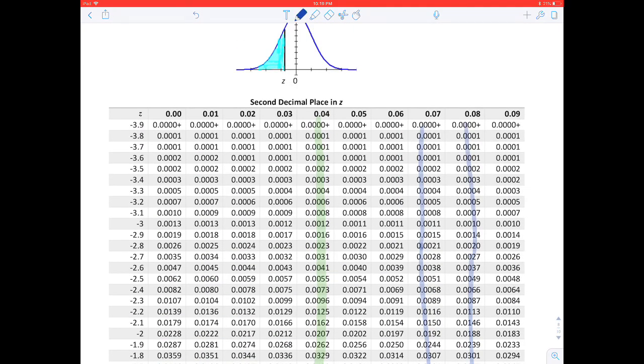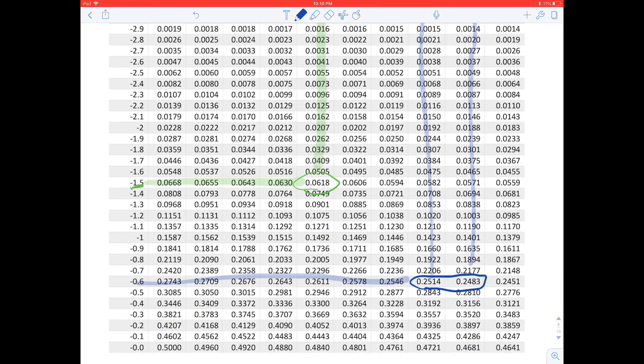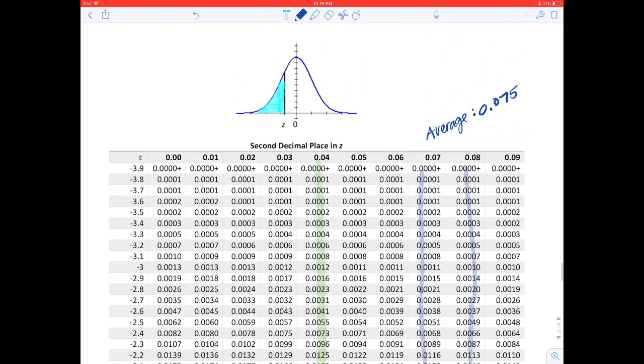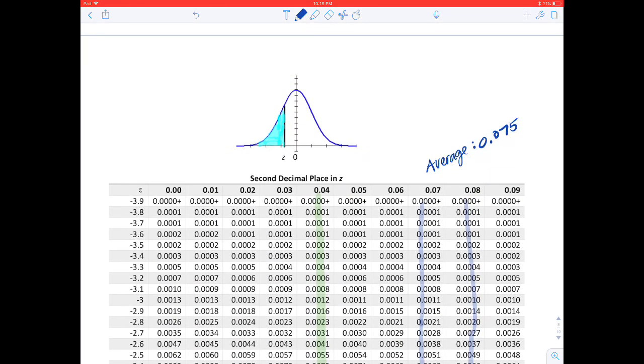So if you take the average between these two, the average here would be 0.075, right? And then you just add this part of the z-score, so you'd get negative 0.675.